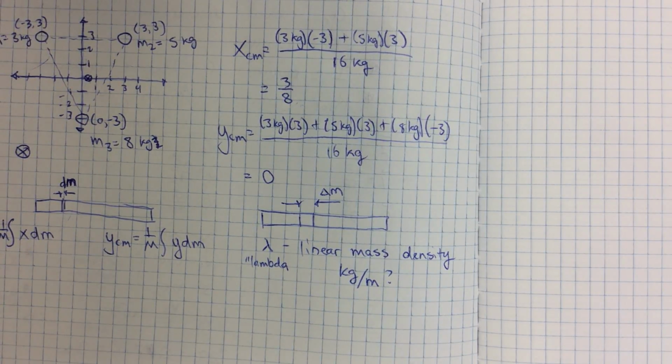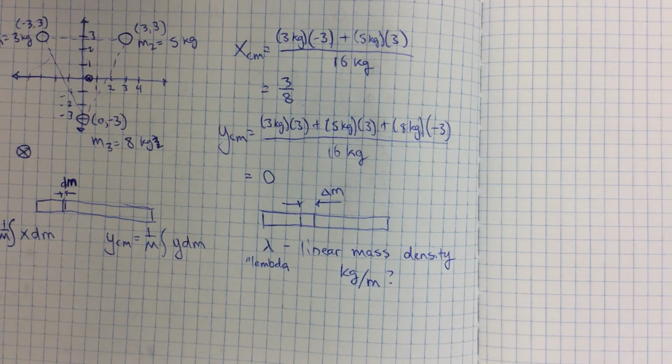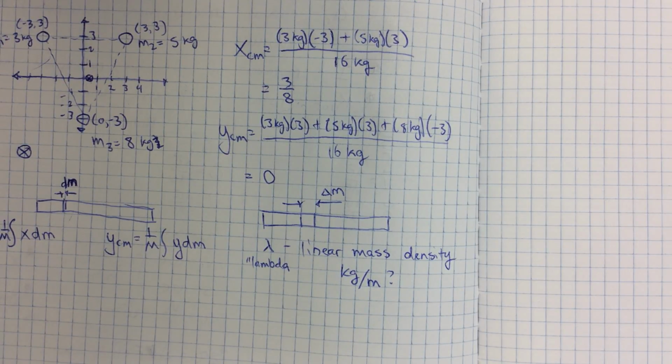Think of it as either linear density, surface density, or volume density. Volume density is just your typical density. For example, the density of air is about 1.2 kilograms per cubic meter on the surface of the Earth.